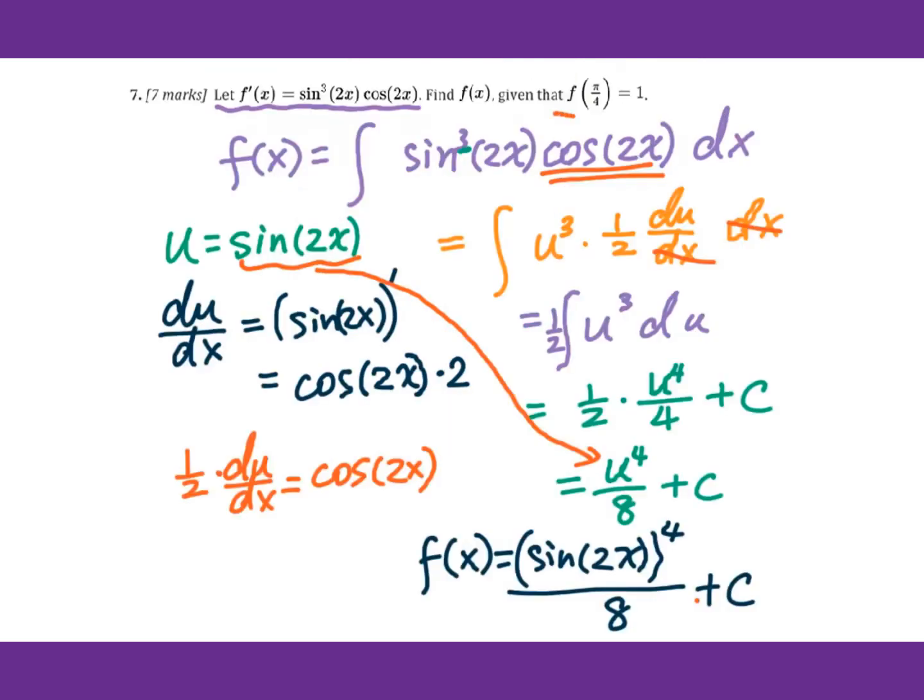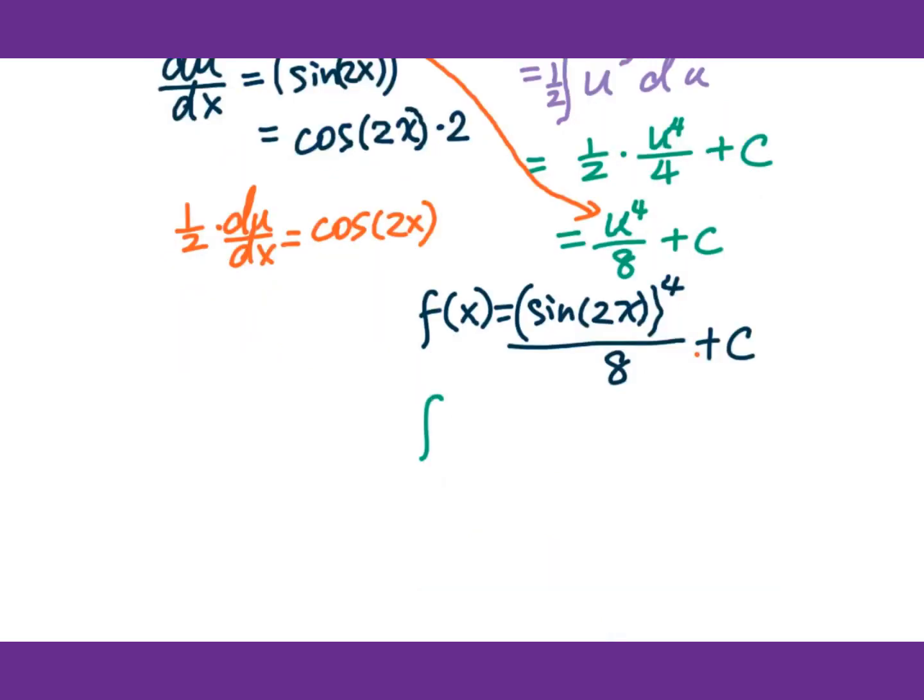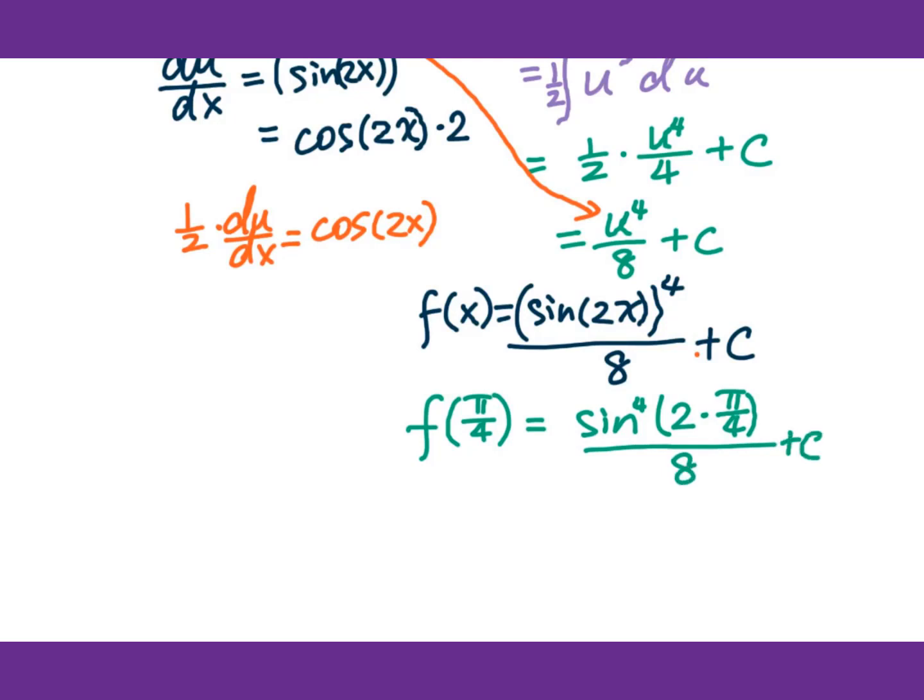According to the given information, f of pi over 4 equals 1. We need to plug in pi over 4 into this function. You will get sine to the fourth power of 2 times pi over 4, then over 8 plus c equals 1.